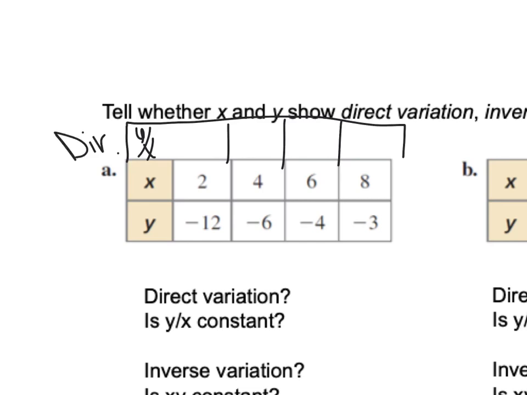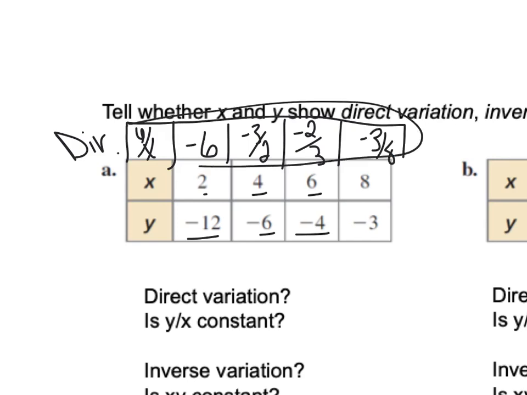Negative 12 divided by 2 is negative 6. Negative 6 divided by 4 is negative 3/2. Negative 4 divided by 6 is negative 2/3. And negative 3 divided by 8 is negative 3/8. That is definitely not constant. It is different every time, so it is not direct variation.